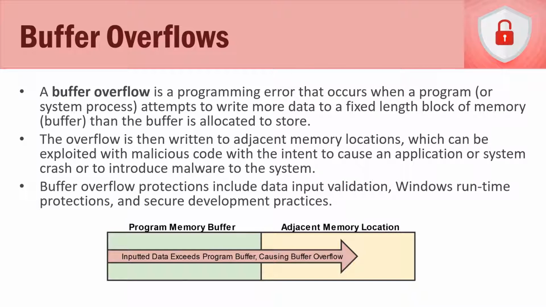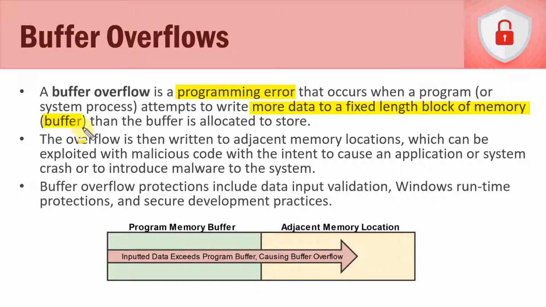So a buffer overflow is a programming error that occurs, and let me highlight this because this is important. It's a programming error that occurs when a program or a system process attempts to write more data to a fixed length block of memory, which we call a buffer.